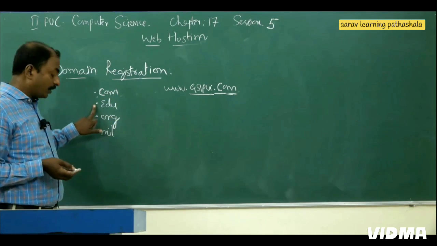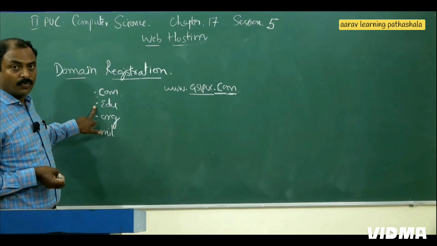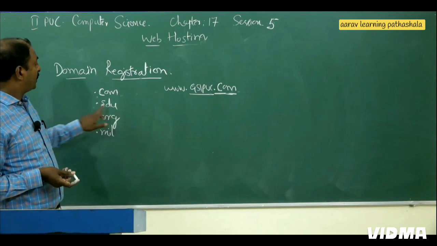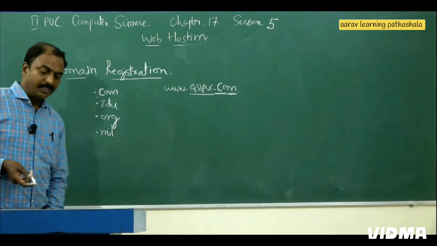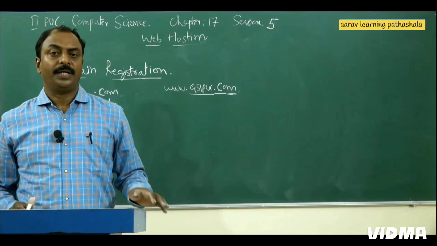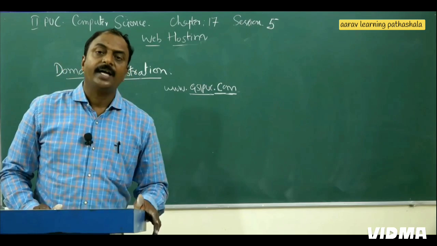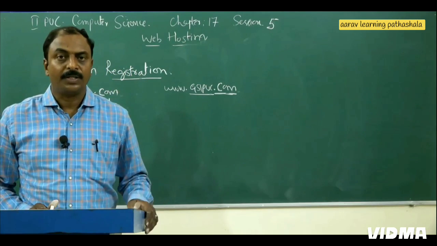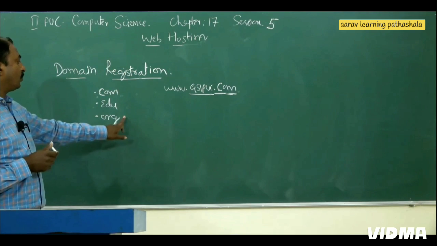Generally any education institution will be provided with the .edu domain. And .org is for small organizations. If a small company, a startup company, would like to go for a website and domain registration, normally it will be given .org.